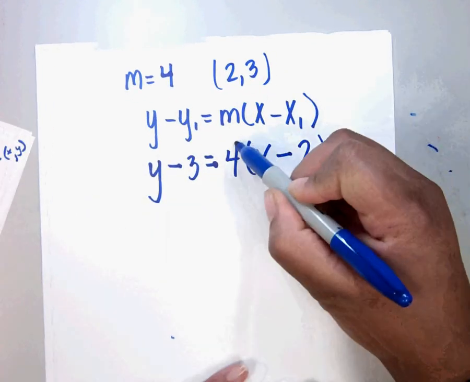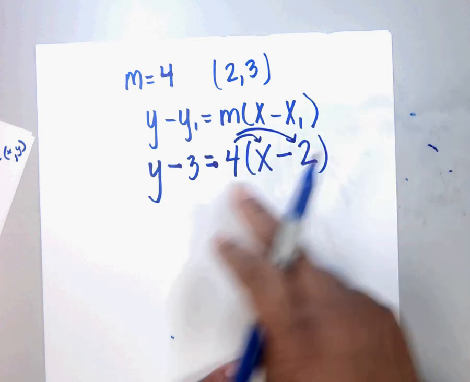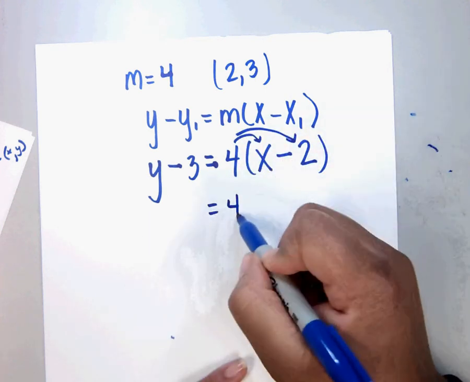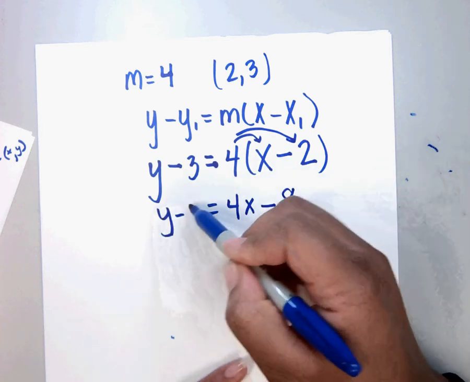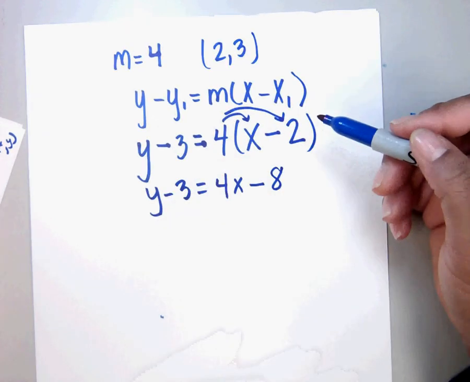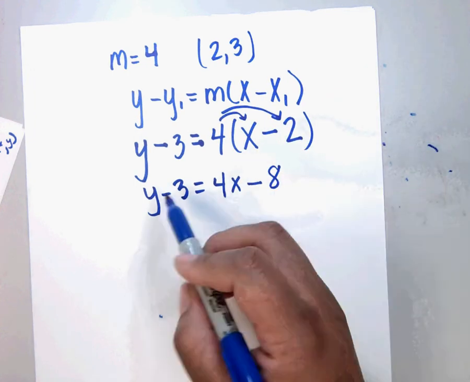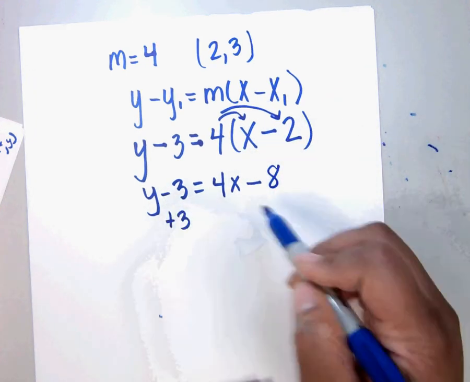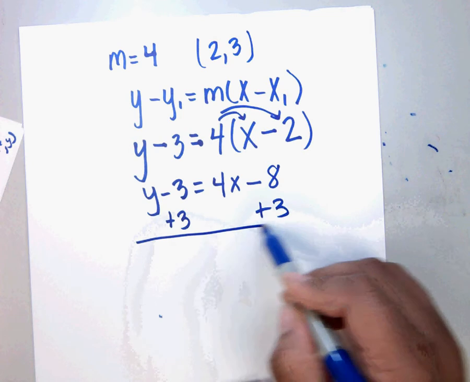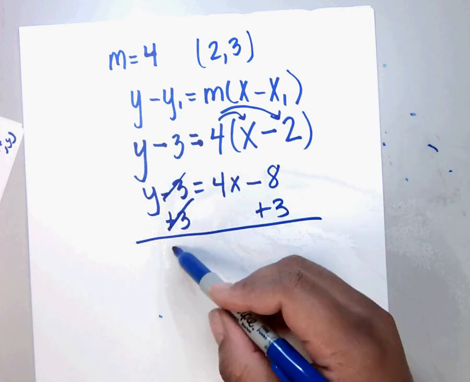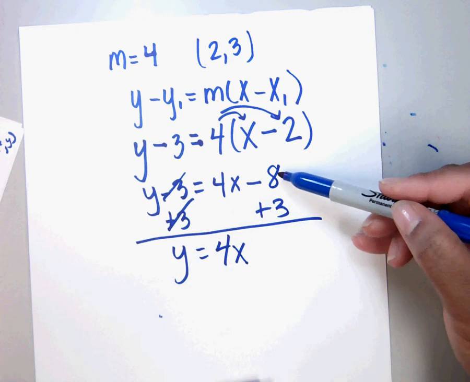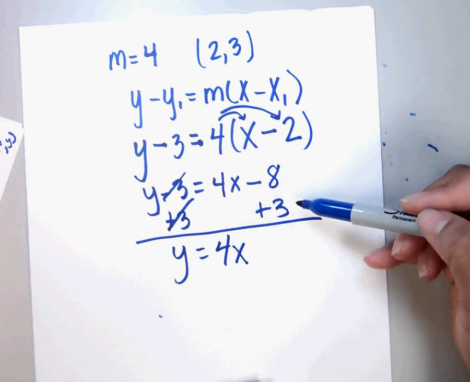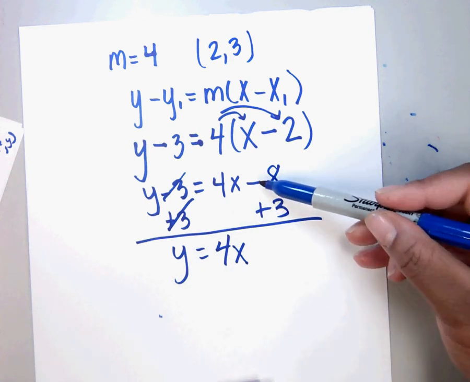Even when I distribute, I don't have to change anything. Now the only reason I'm changing a sign now is because I want to move it to its like term. This is not 8 plus 3, meaning 11. This is negative 8 plus 3.